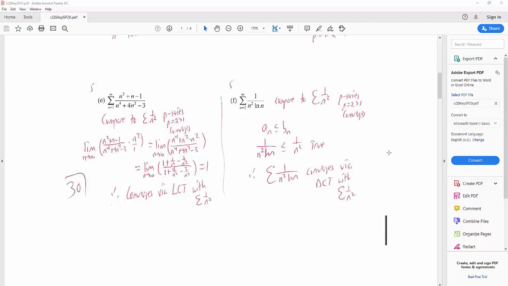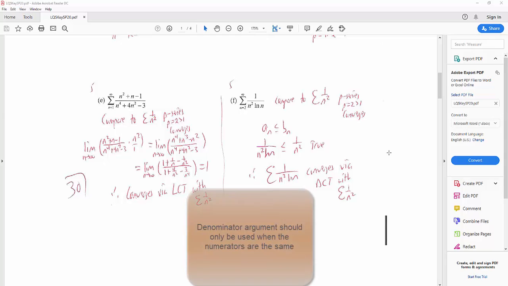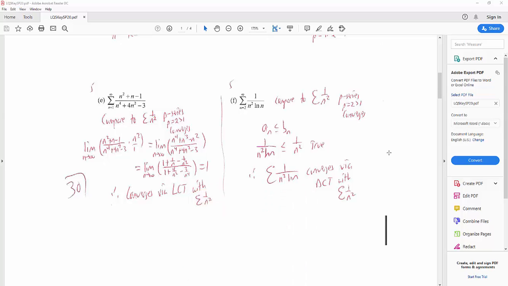I know that inequality is true thanks to our denominator argument. Remember, the denominator argument is only a valid thing to say when the numerators of the fractions are the same. So I now know the series 1 over n squared natural log n does converge thanks to the direct comparison test with the series 1 over n squared.